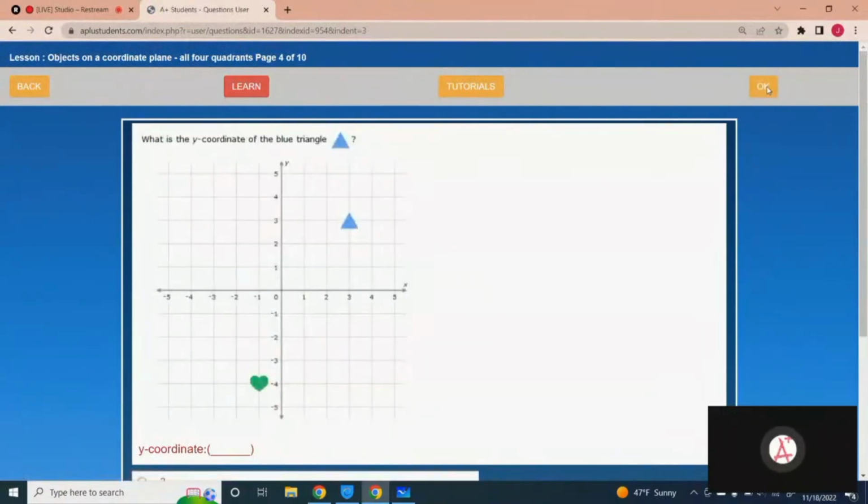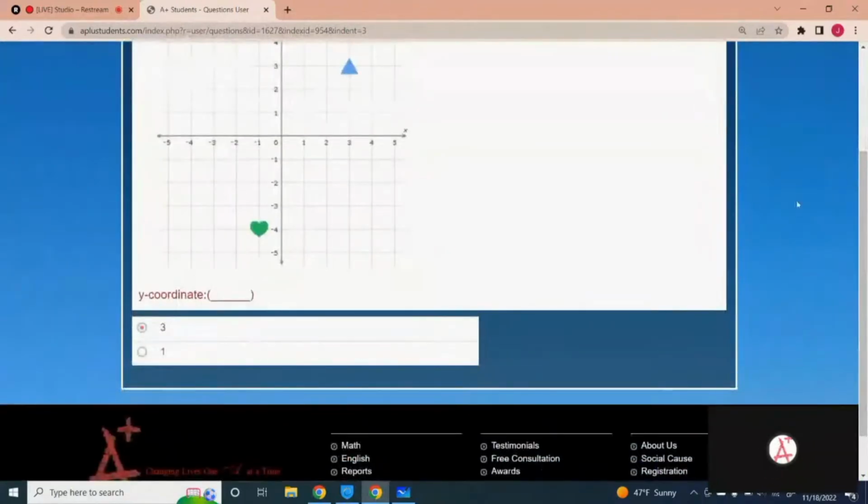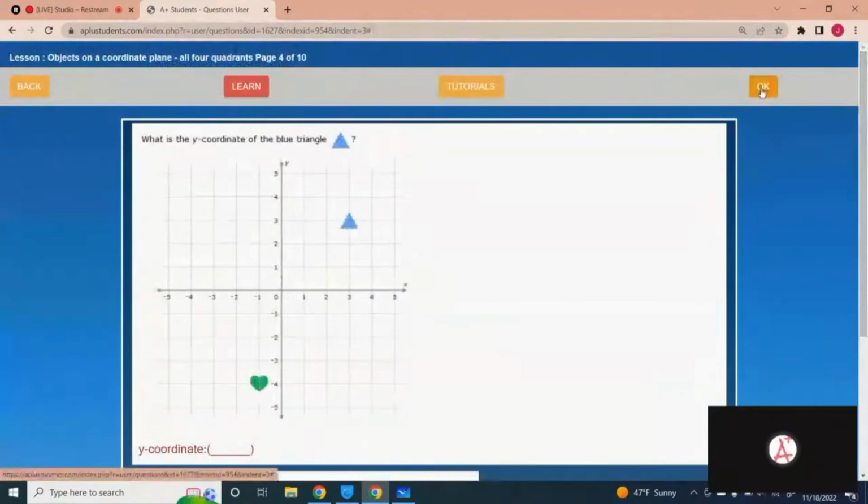Okay, the next one is what is the y coordinate of the blue triangle? So here is the blue triangle. What is the y value of the blue triangle? It is 3. Very good. Just select the correct option and then click on the OK button.